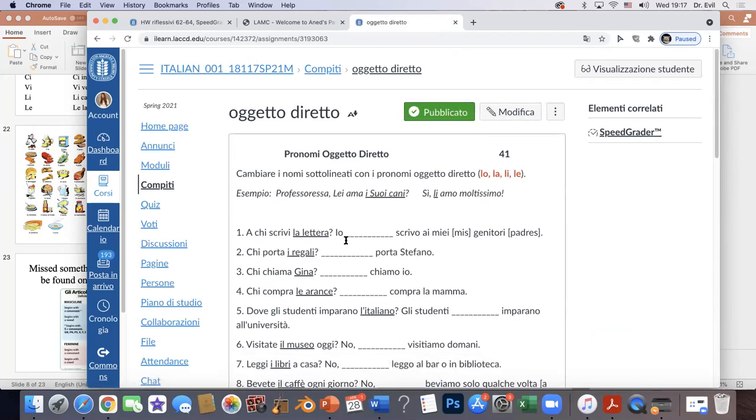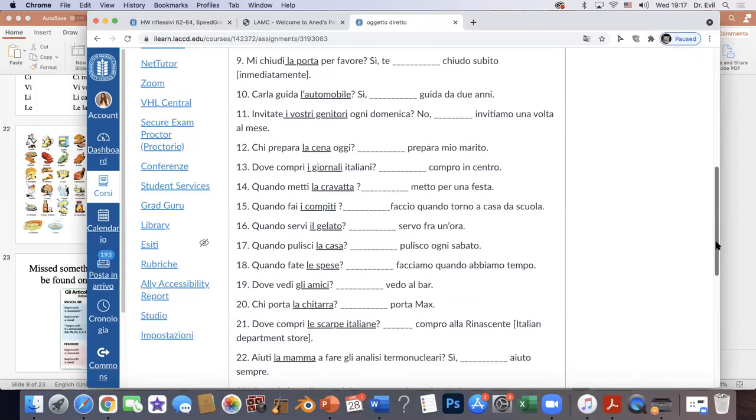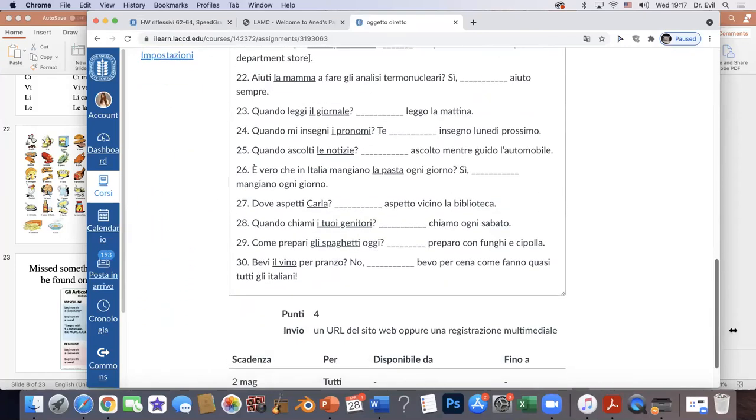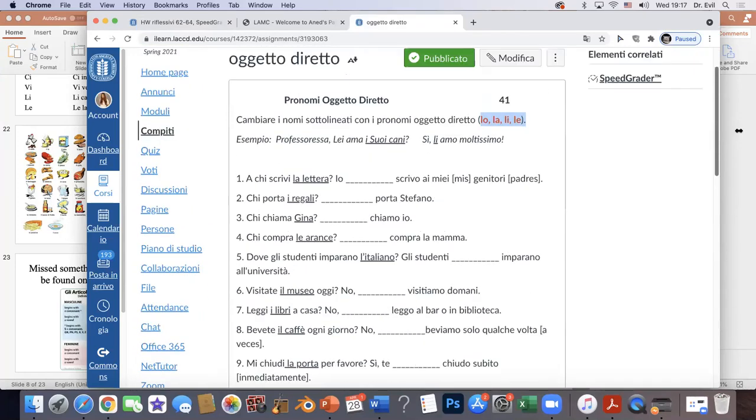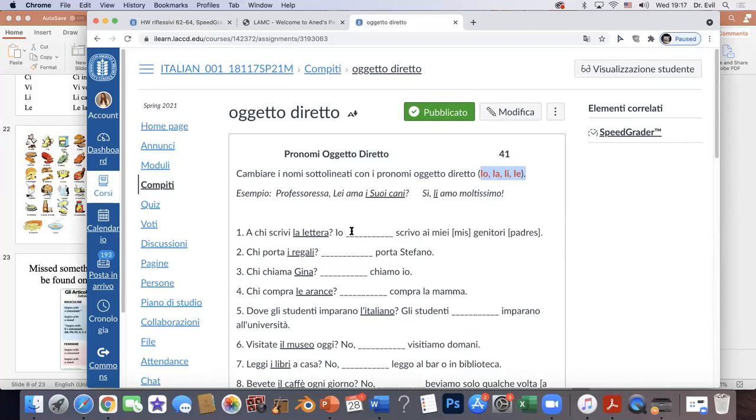What you need to do here is answer substituting with a direct object pronoun, right? I write it to my parents. These are all lo, la, li, and le. In here, you don't have people like to me, to you, right? This is always third person.